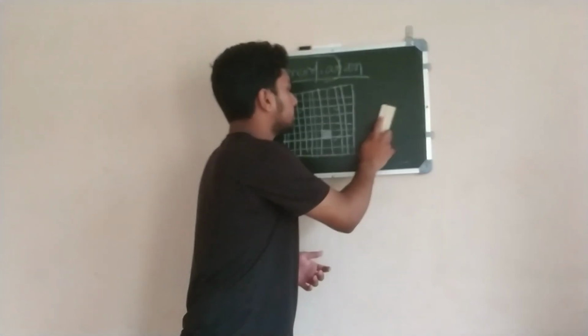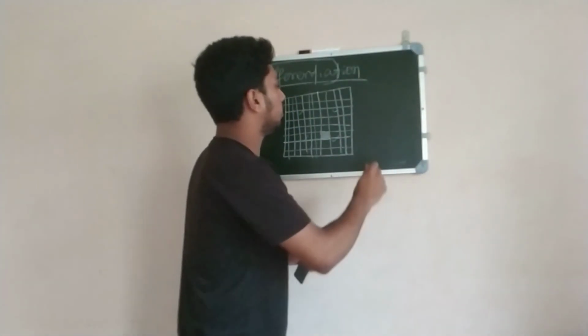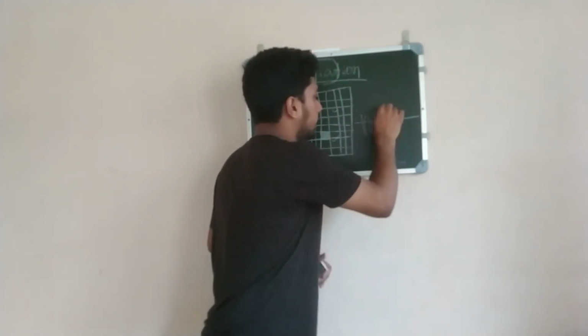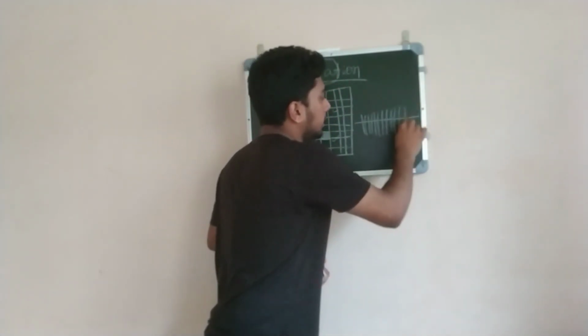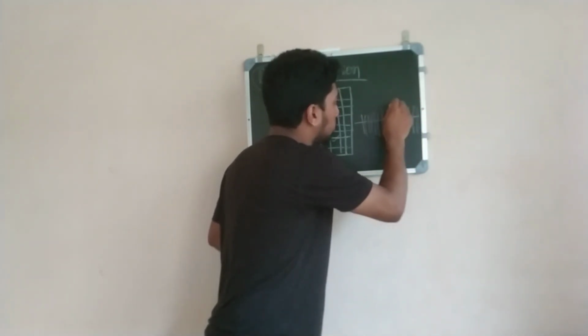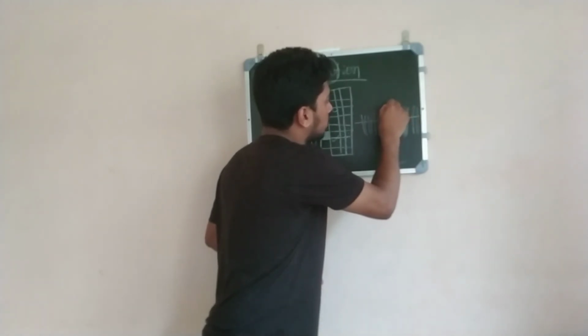So, for example, there is a wire. I can divide this wire infinite times. Then I will find a small length.